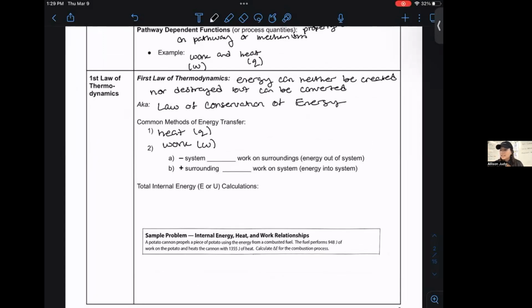If you have a positive symbol for heat, you know that heat has been absorbed. If you have a negative, you know it has been released. Let me clarify: this is all from the system's perspective.